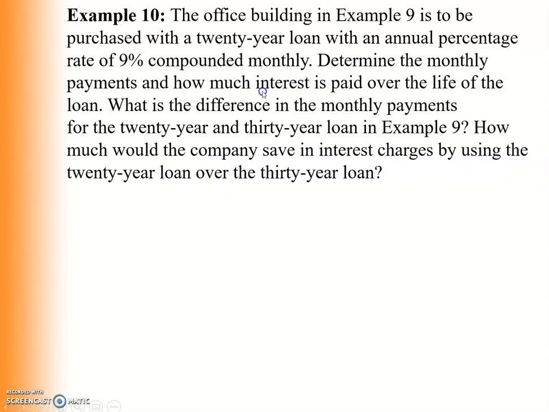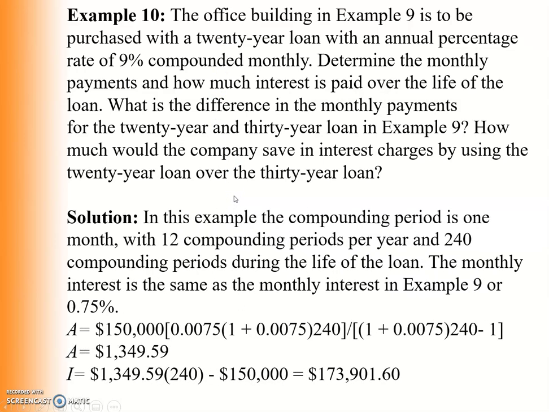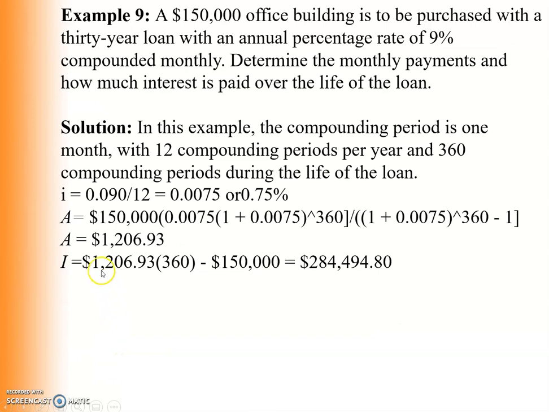If you remember the figures in the previous example, the same loan was taken for a 30-year period, but in this example it is taken for a 20-year period. If we calculate it, the monthly amount will be $1,349, which is higher than the previous case, where we had $1,206 paid for 360 months.